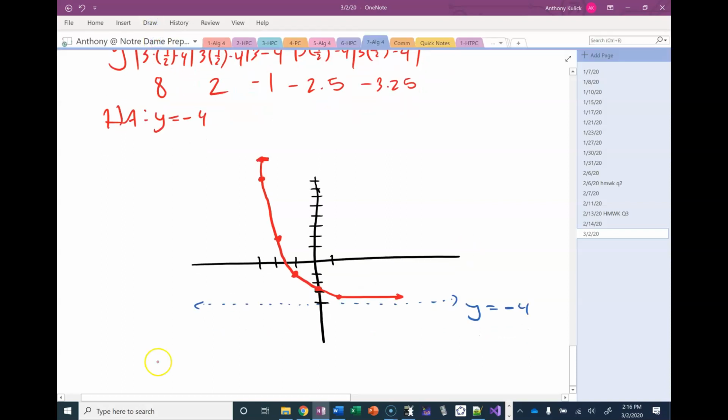What's the domain for this graph going to be? It's exponential, so it's always negative infinity to positive infinity. And what's the range going to be here?